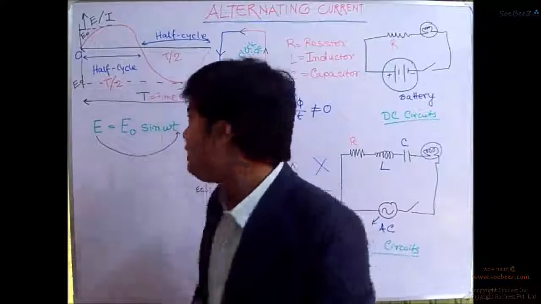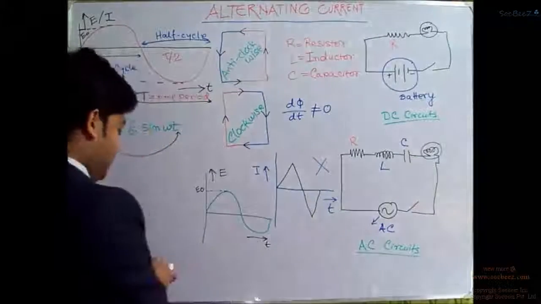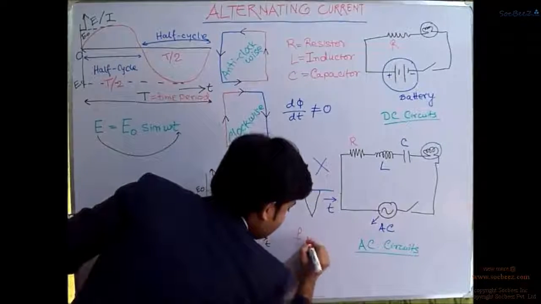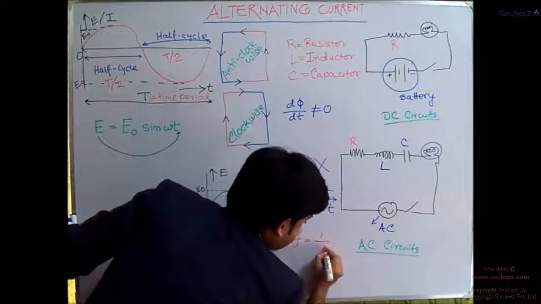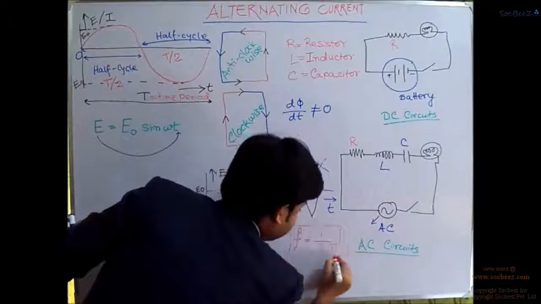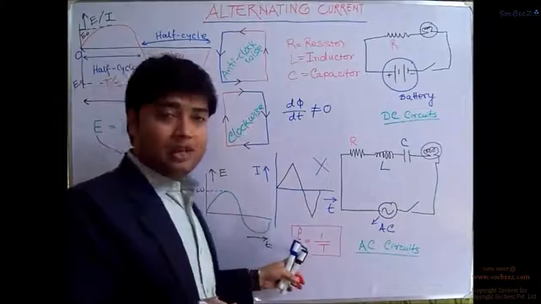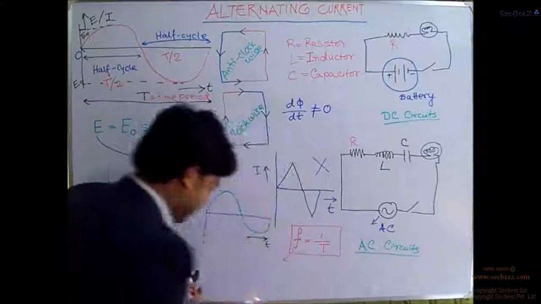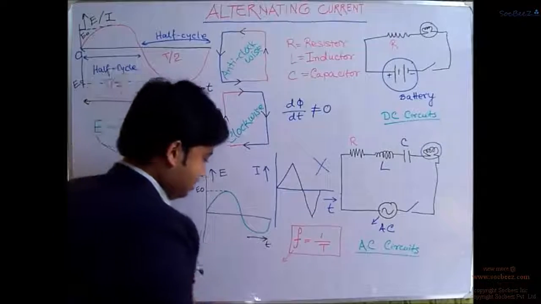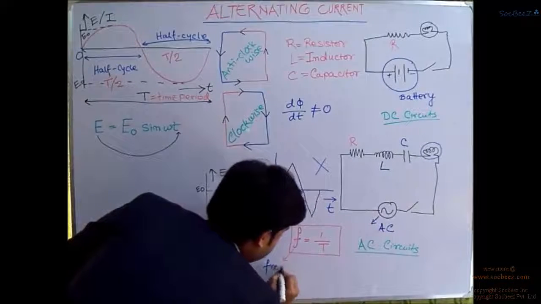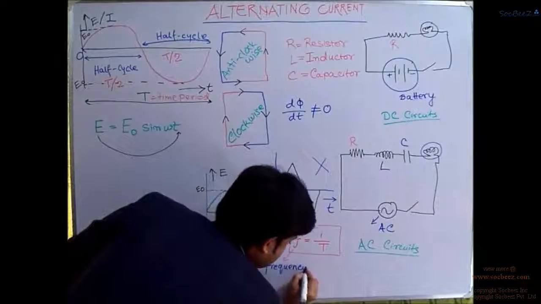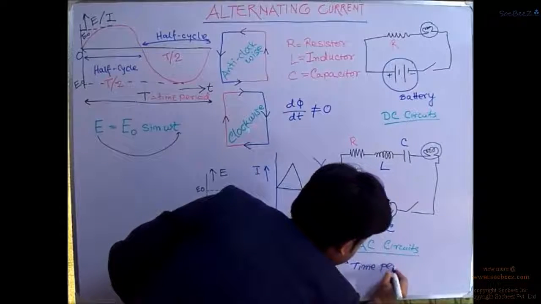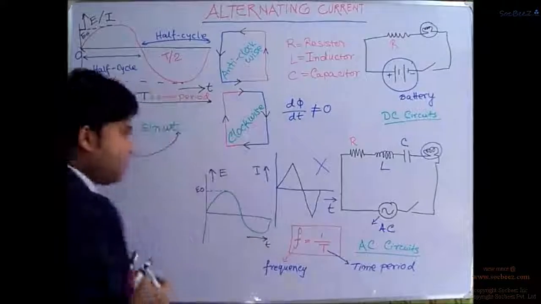If we take frequency as small f, we can write that it is equal to 1 by capital T, where f is the frequency and T is the time period.